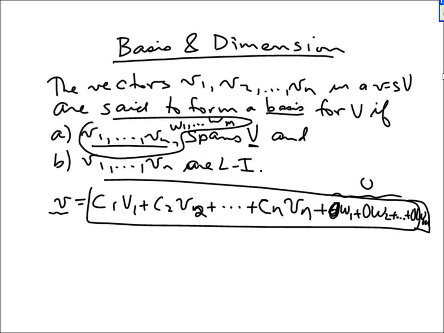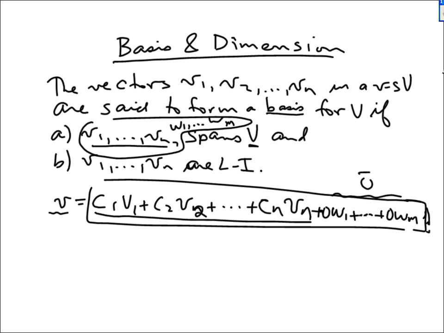I just added on a lot of zero vectors. It doesn't do anything. The sum is still going to be whatever this mess was, which is little v.